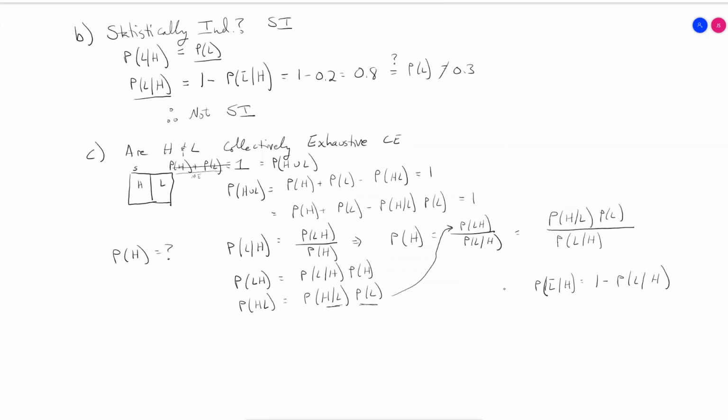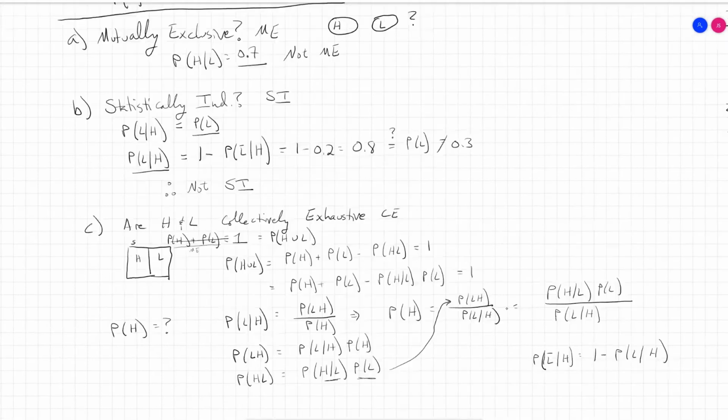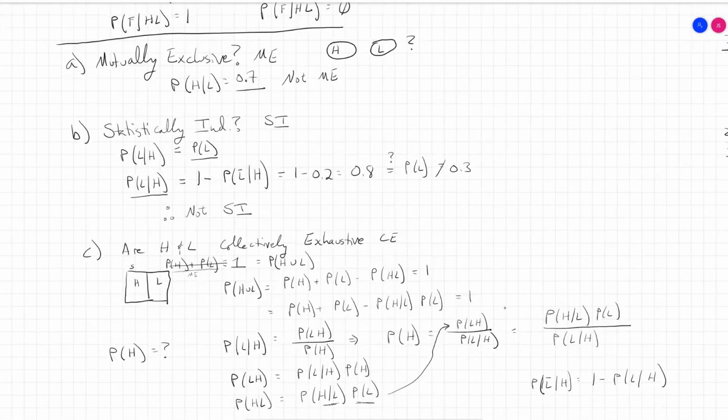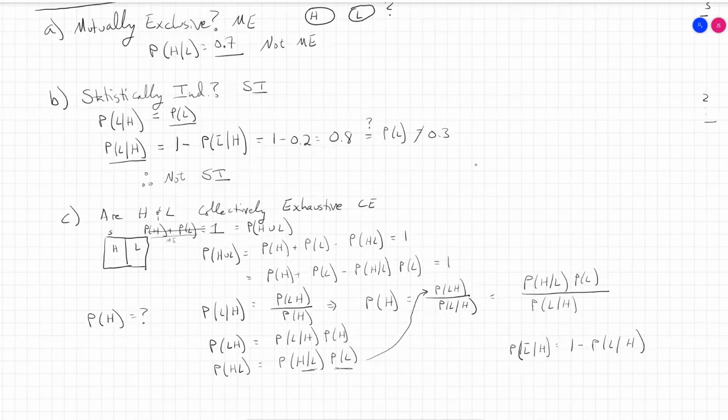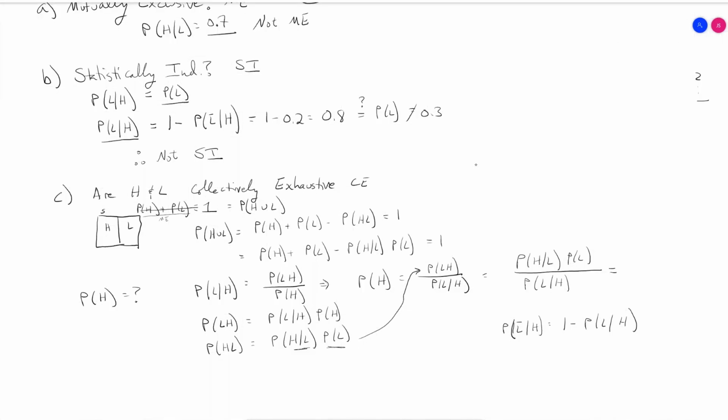So we'll just go back up. We have H given L is 0.7, not L given H is 0.2, and then L is 0.3. And again, we're going to plug this in up here, where we'll just do that final solving.